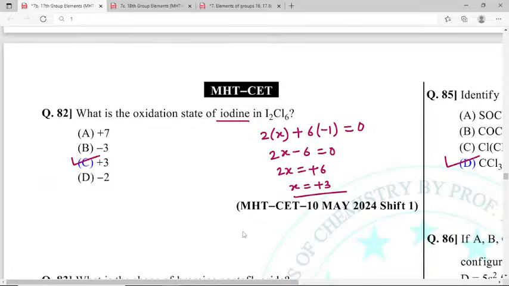So plus 3 is your answer. The oxidation state of iodine in I2Cl6 is plus 3. Important question.